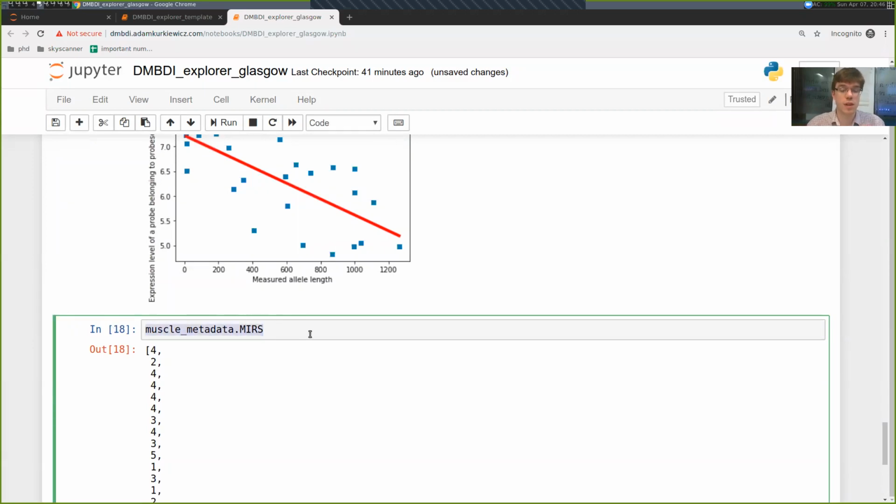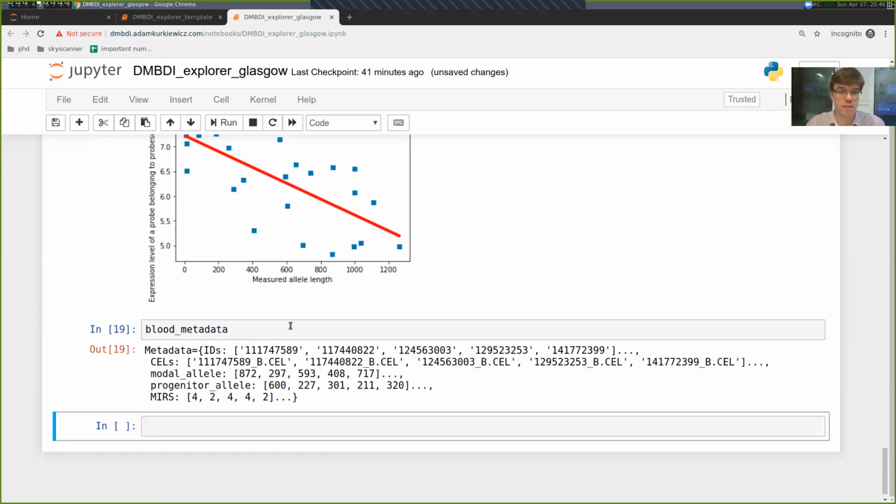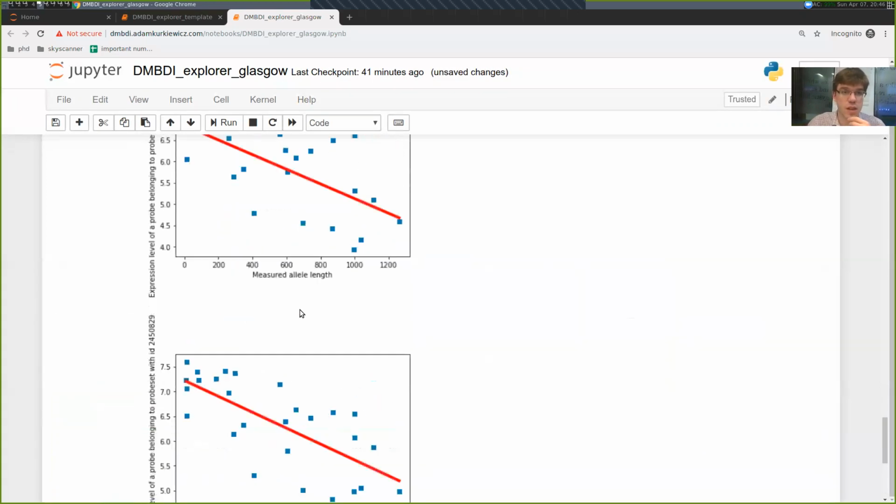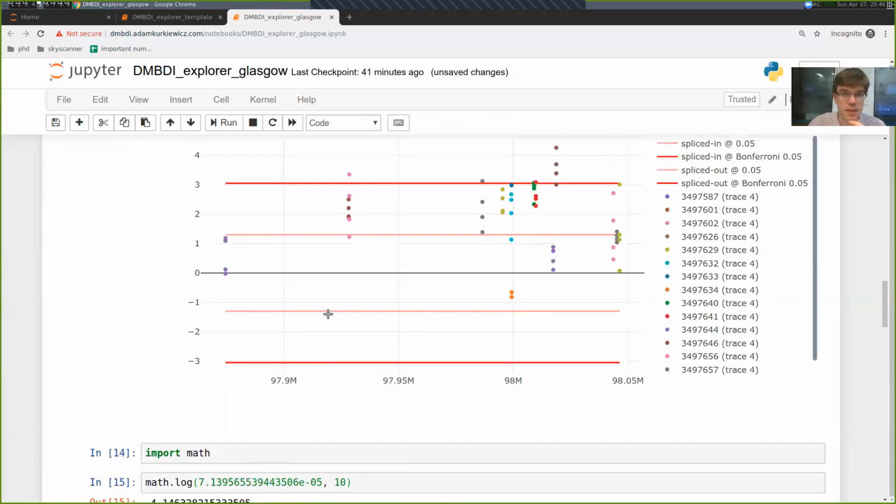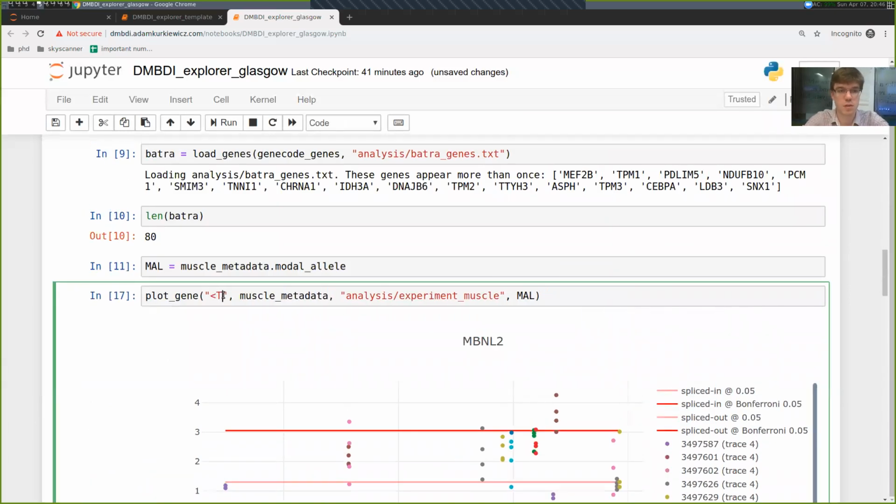Another thing we could be trying to do is to discover blood biomarkers. We obviously have metadata for blood, and we've got entire blood data sets. So for example, we could look at TNNI1 in blood.